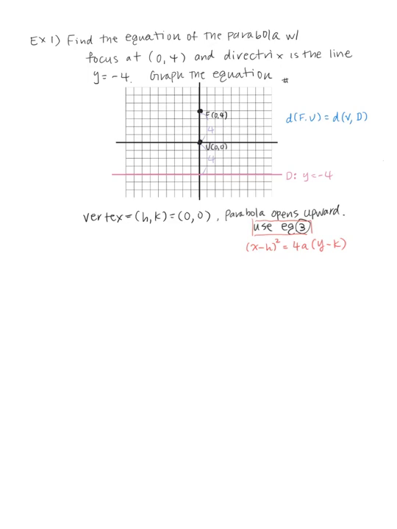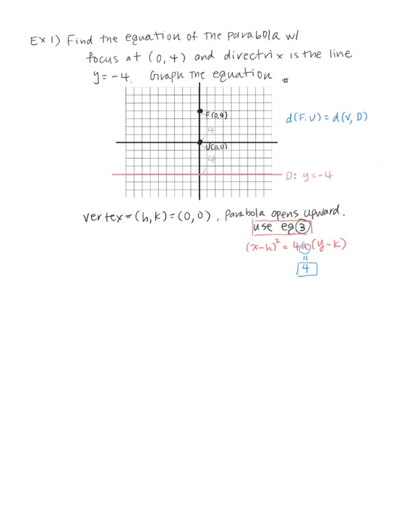That means we need to find the value of a. But remember, a was the distance from the focus to the vertex, the same distance as from the vertex to the directrix. So the value of a must be 4. Okay, I think we're pretty much good to go, so let's put it all together.